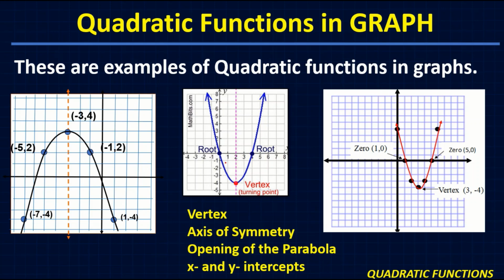Quadratic functions in graph. So these are some examples of quadratic functions in graph. As you can see, we have one curved line. Para siya pinaghalong letter U and letter V. And lahat ng quadratic functions sa graph ay merong vertex, axis of symmetry, opening of the parabola, and x and y intercepts.